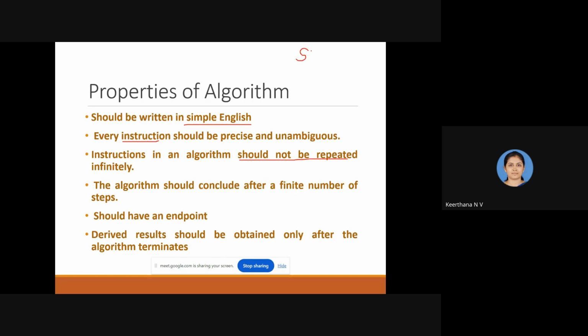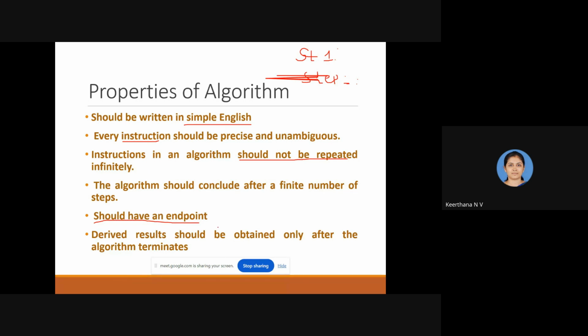If step one is start the program, the last step should be stop the program. It means that it should have an end point. Every algorithm should have a finite number of steps. It should not include an infinite number of steps.